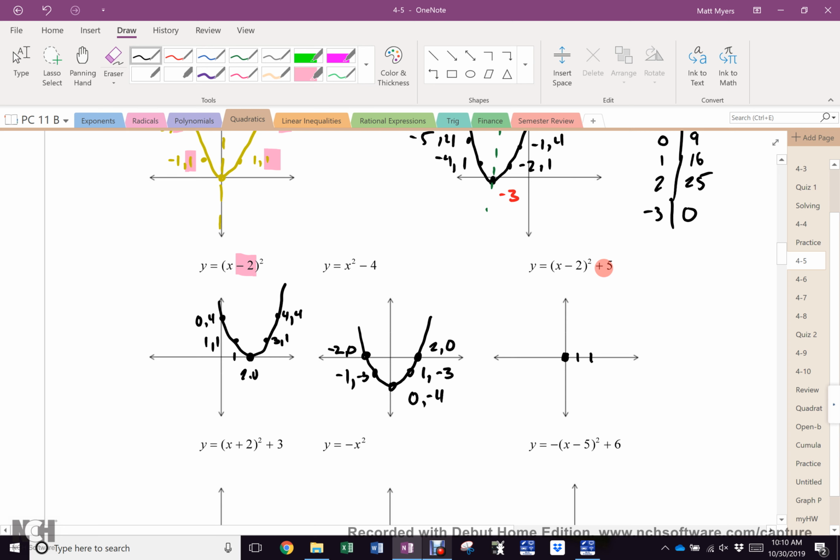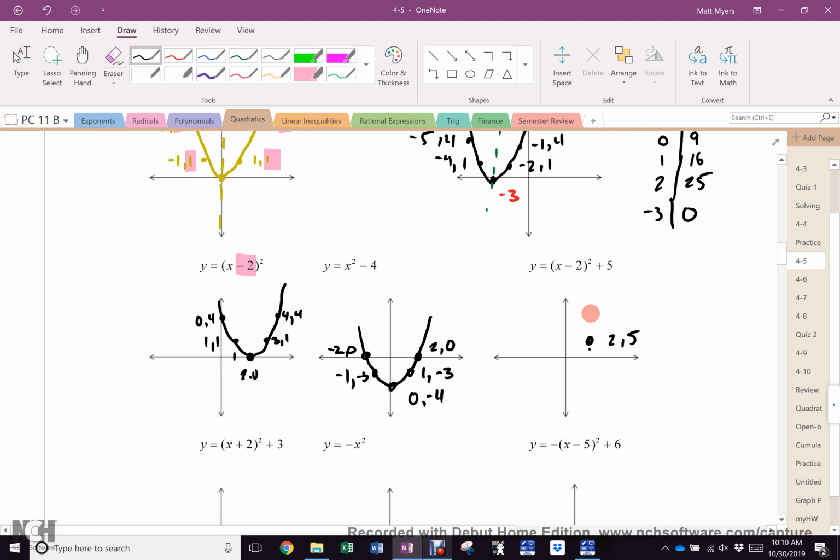So it's going to move over 1, 2 to the right. What's this mean? 5 up. 1, 2, 3, 4, 5. So what's our new vertex? 2, 5. Right? Does anything else change? No. Now, ladies and gentlemen, just for my purposes, I'm going to move this way down here and consider that 2, 5.